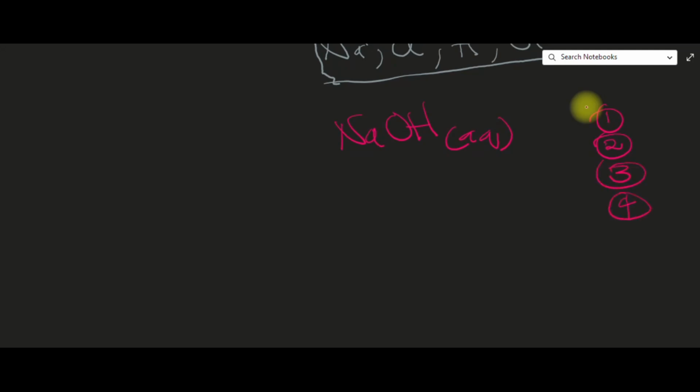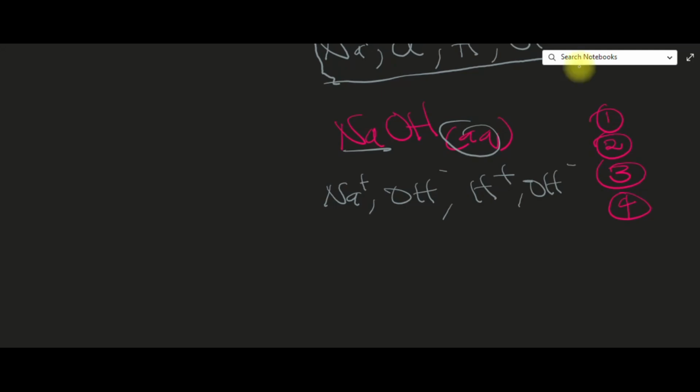So let's see how many ions we have in the solution. Of course, we are going to have Na+ contributed from NaOH and then OH- as well from NaOH. We are going to have H+ from water because of this aqueous, and also OH- from water, because water will split into H+ and OH-. So in total, we have how many types of ions?